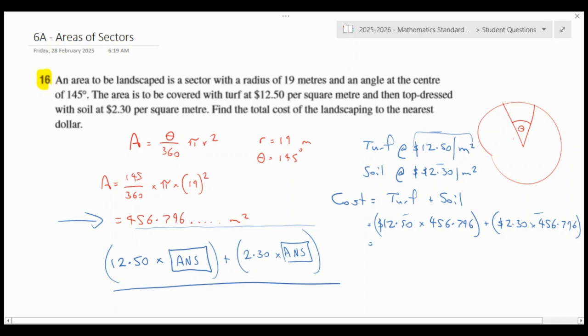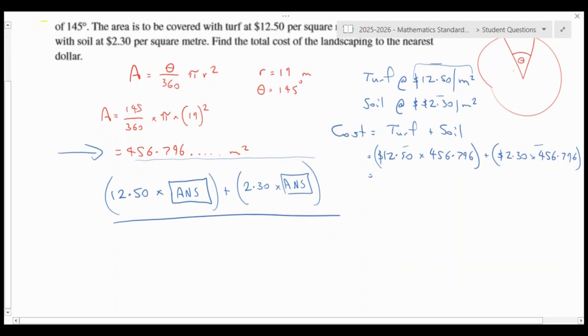The answer I get is 6760.585217. So with money, that's going to round to 6760.59, and that will be my cost, $6,760.59. That is correct.